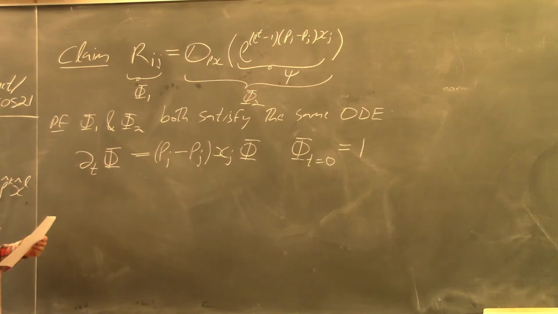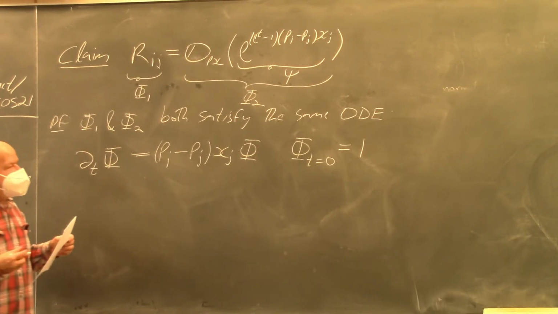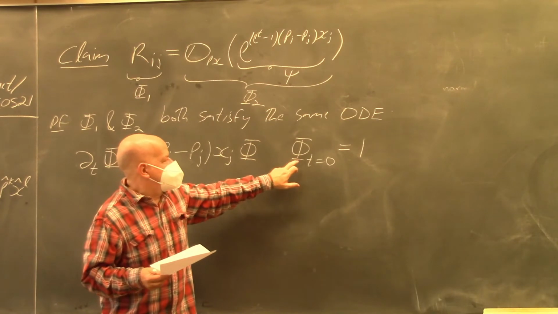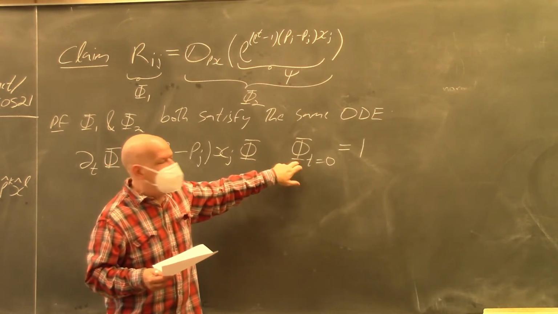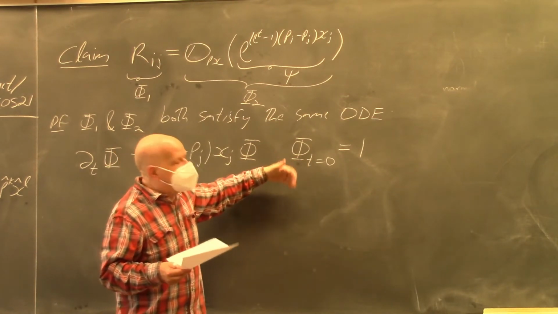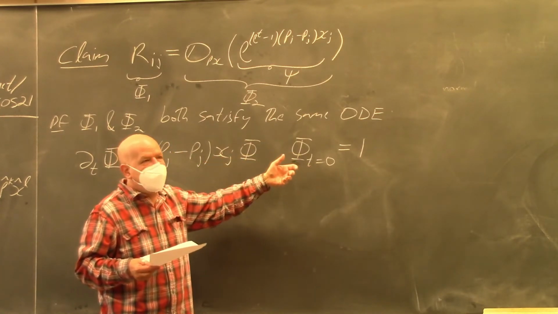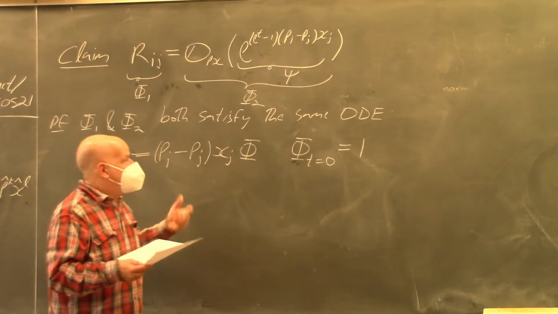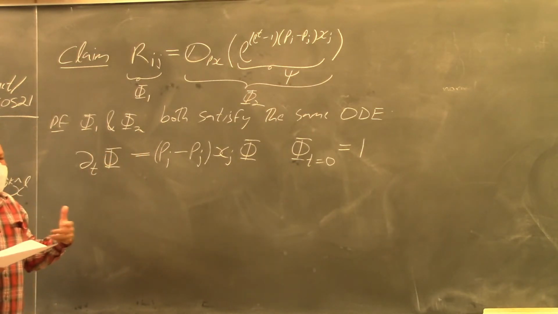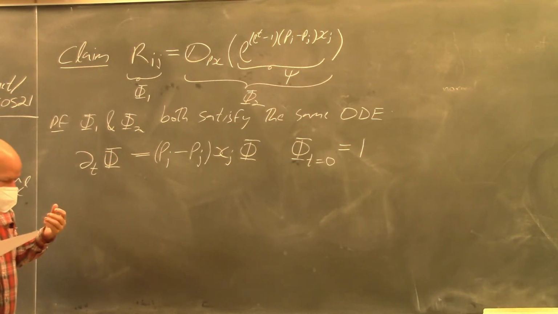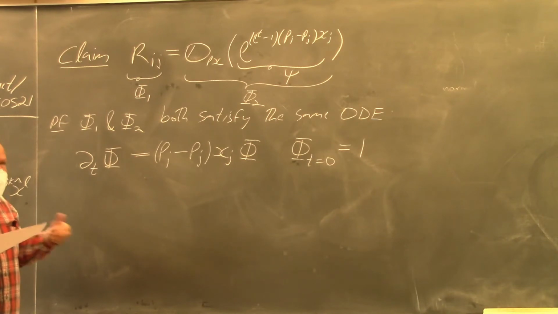So there is an existence and uniqueness statement about solutions of ODEs, which implies that if two things solve the same equations, then they have to be equal. Strictly speaking, this uniqueness and existence theorem is on finite dimensional spaces.